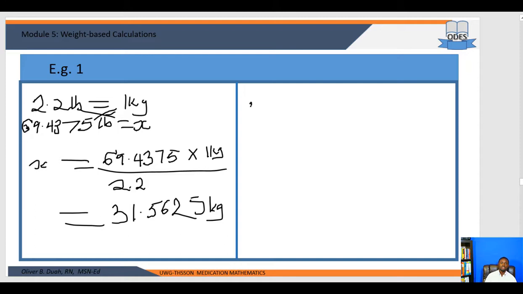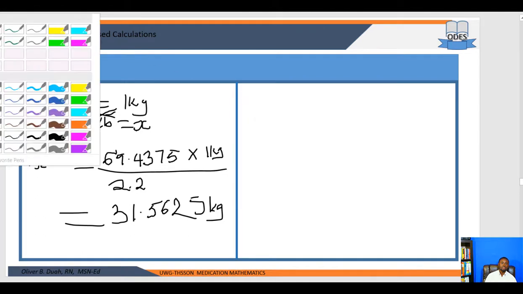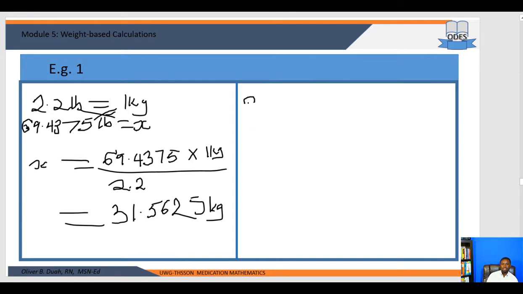So let's do 31.5625 times 4 milligrams per kilogram per dose.